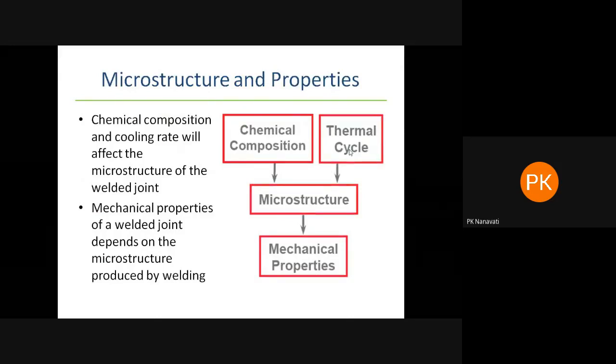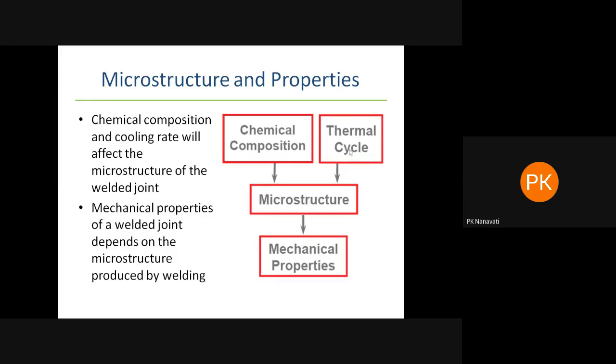So, to begin with the talk, we are making welded joints for obtaining certain mechanical and corrosion properties, right? And we know that the mechanical properties depend on the microstructure, right? Sometimes we use joints in the as-weld condition, sometimes in a post weld heat treated condition.